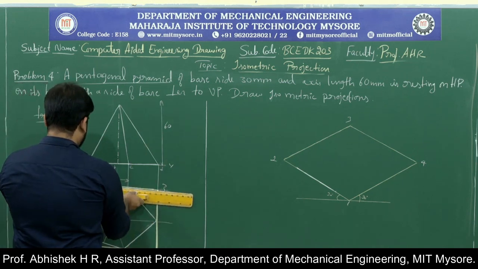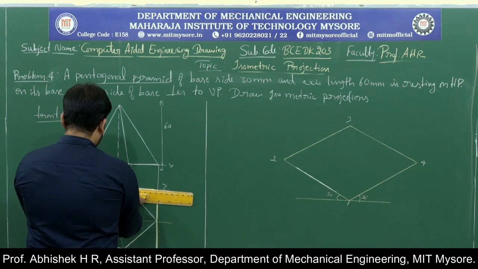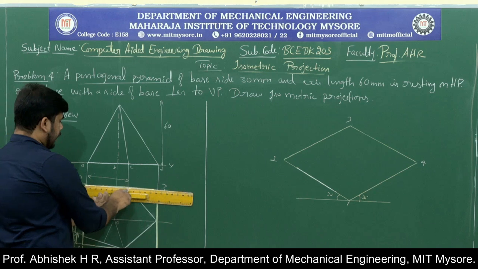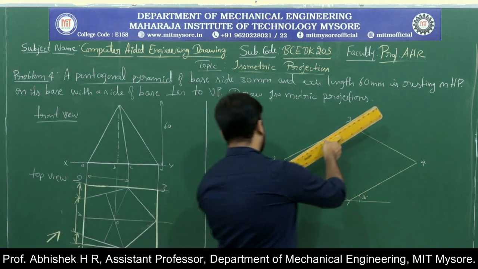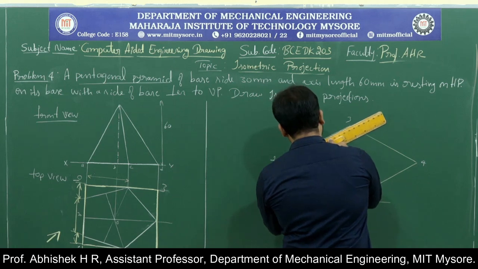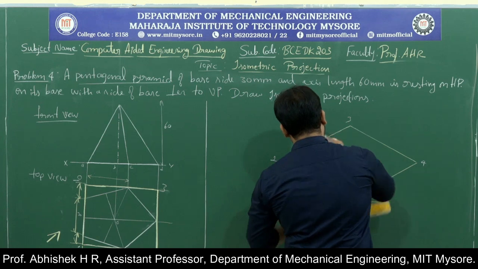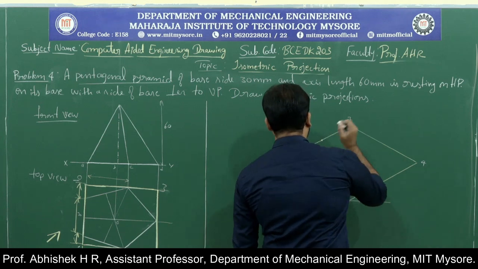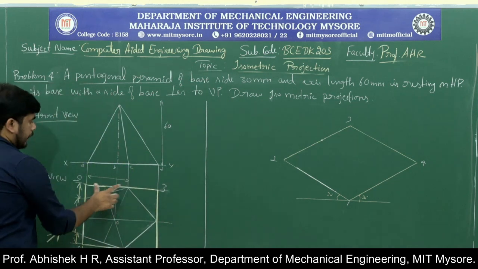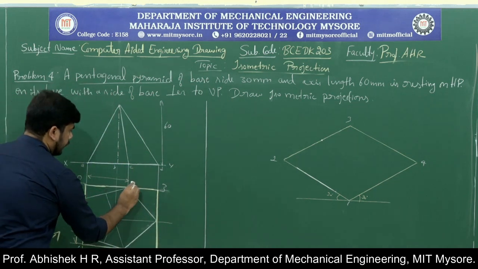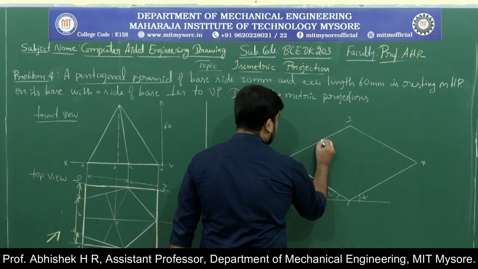We need to again measure this line with your scale and mark it over here. Then here we have only two sides, this portion and this portion, that's it. Only two portions. So that is how I marked here.